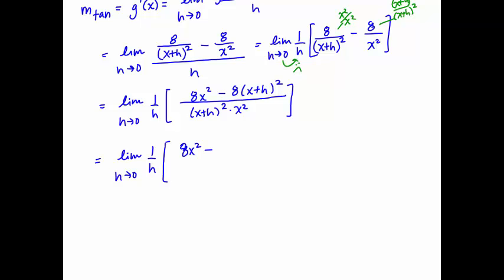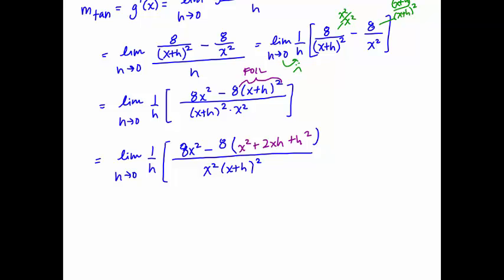minus, and before we make the distribution here, we need to FOIL these terms. So foiling that is x squared plus 2xh plus h squared, and all of those values multiplied by 8 over x squared times x plus h squared.